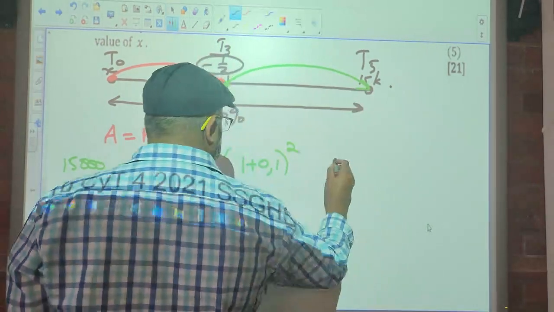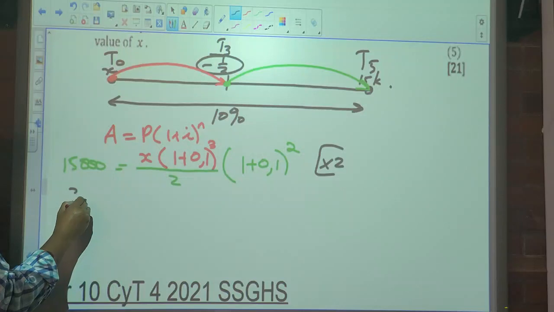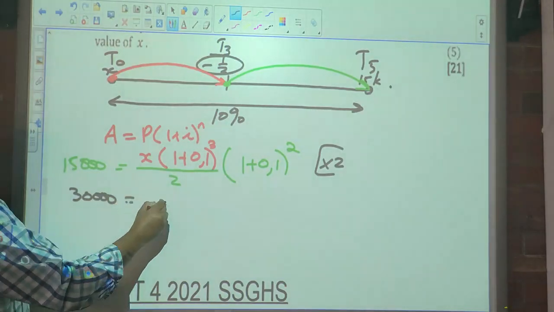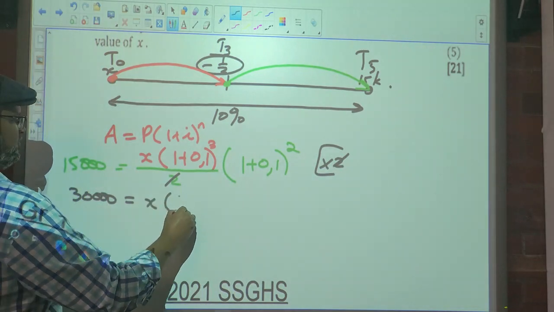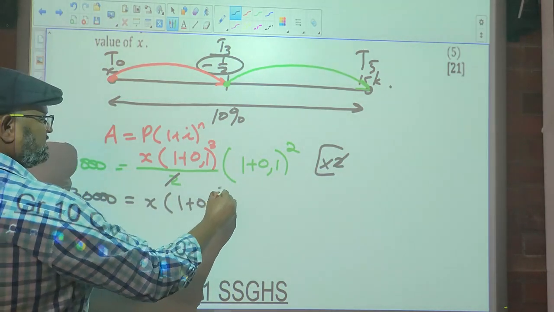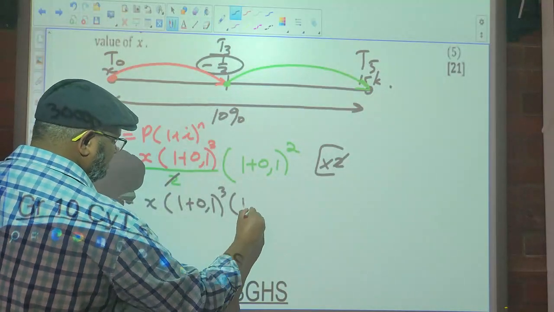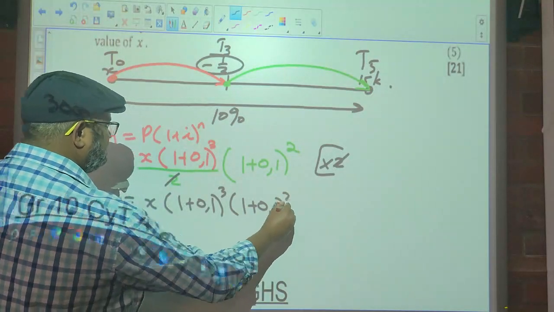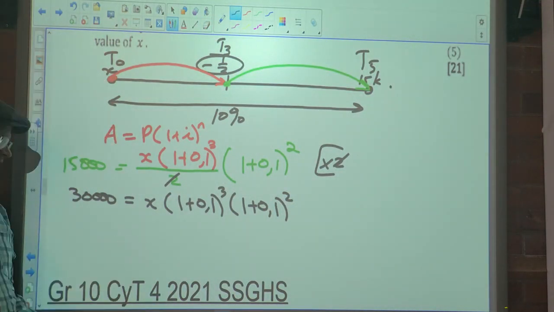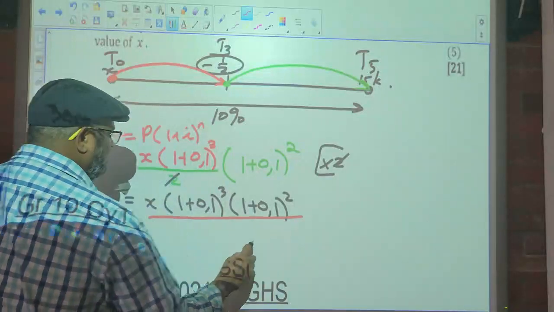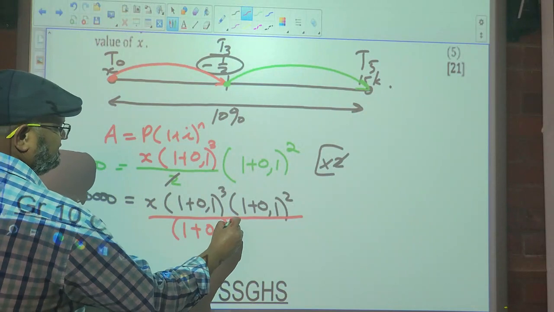So multiply throughout by 2. 15,000 times 2 is of course 30,000, equals, of course that cancels and that's what I want, X times 1 plus 0.1 to the exponent 3 times 1 plus 0.1 to the exponent 2. How do I get X on its own? Divide both sides by 1 plus 0.1 to the exponent 5.